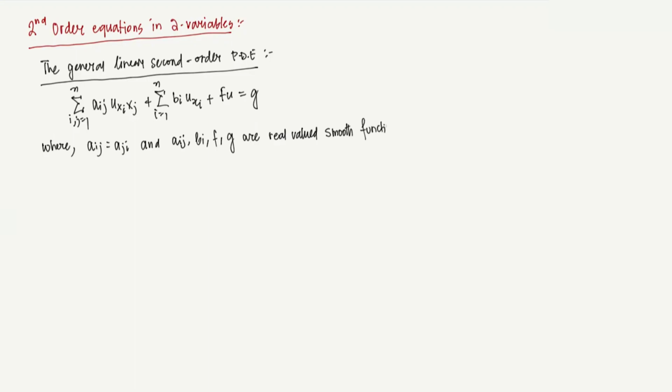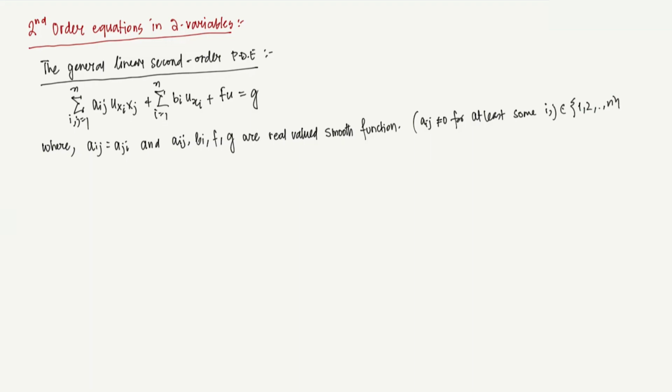Of course, there is another assumption that a_ij is non-zero for at least one i and j in the set {1, 2}.